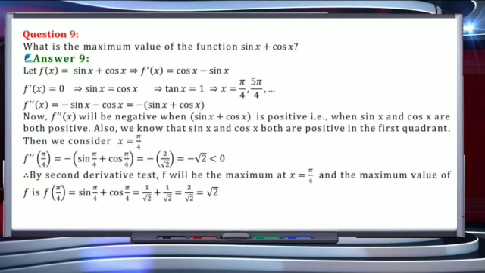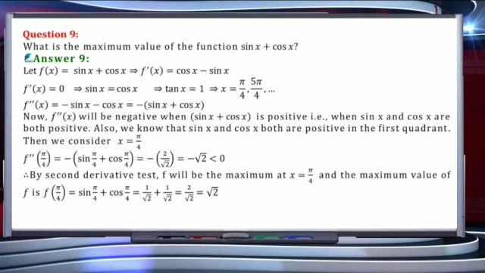Here we are going to check the second order derivative. The second order derivative is minus sin x minus cos x, that is minus of (sin x plus cos x). So it is negative whenever sin x plus cos x is positive.